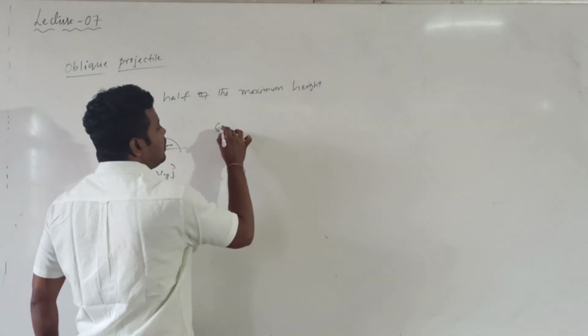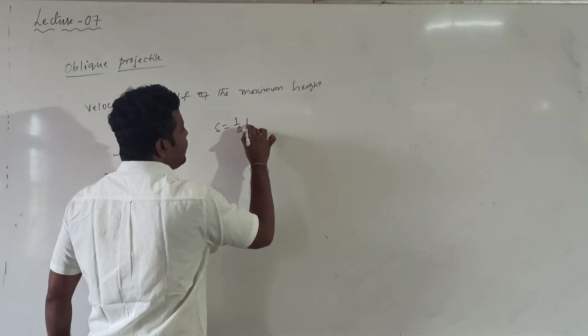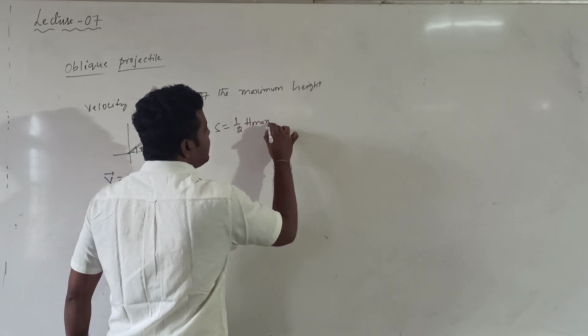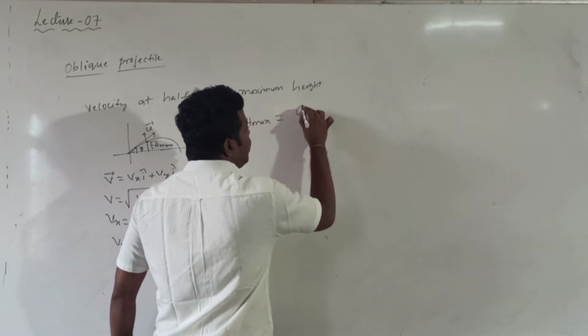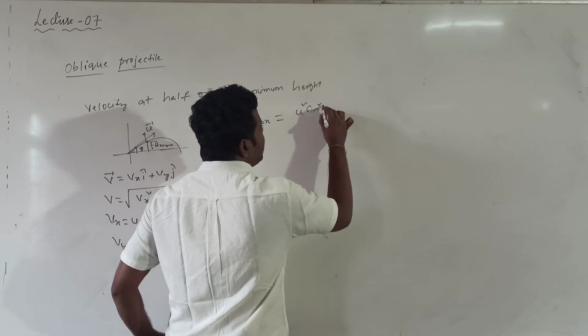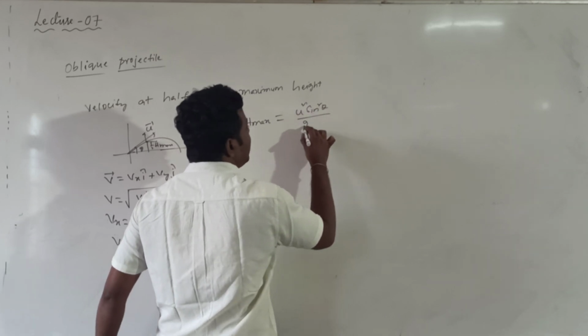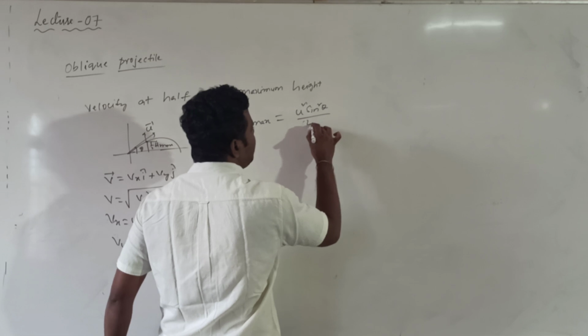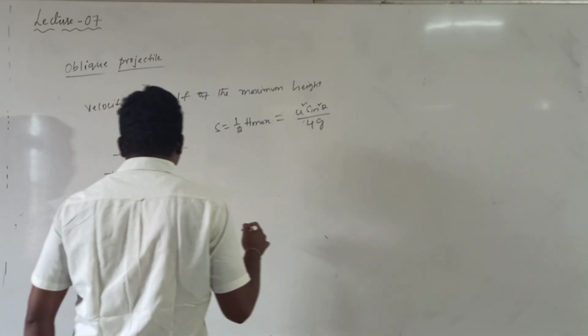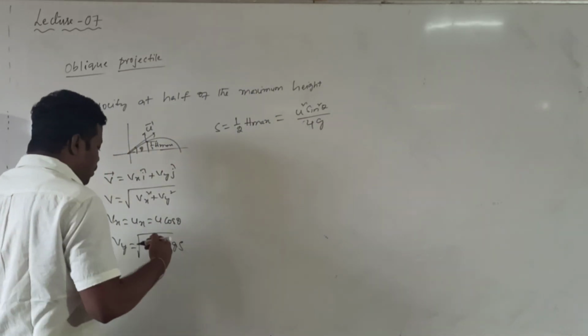What about S? S is half of the maximum height, and we know H max is u square sin square theta divided by 2g. So that is S equal to u square sin square theta divided by 4g. We know Uy also.